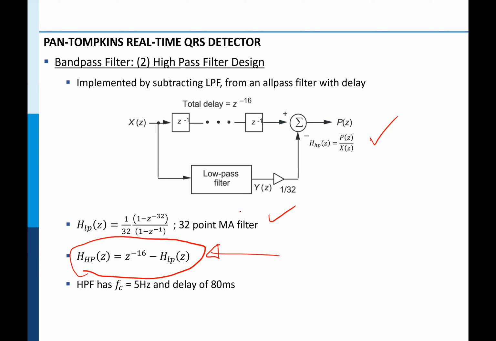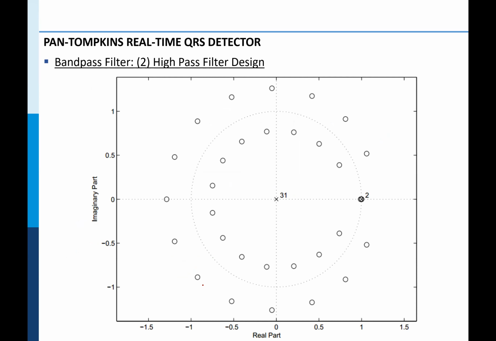So this is essentially a 32-point moving average filter that gets subtracted from the all-pass filter to give you the high-pass equivalent of it. Okay. So this filter introduces a slight delay of 80 milliseconds when you assume the sampling frequency to be again 200 hertz. So this is the pole zero configuration of this high-pass filter design.